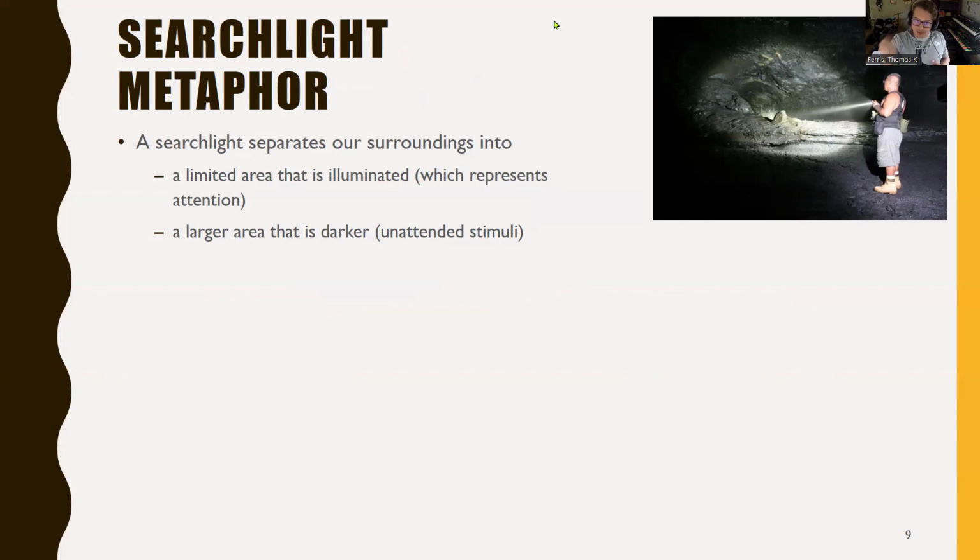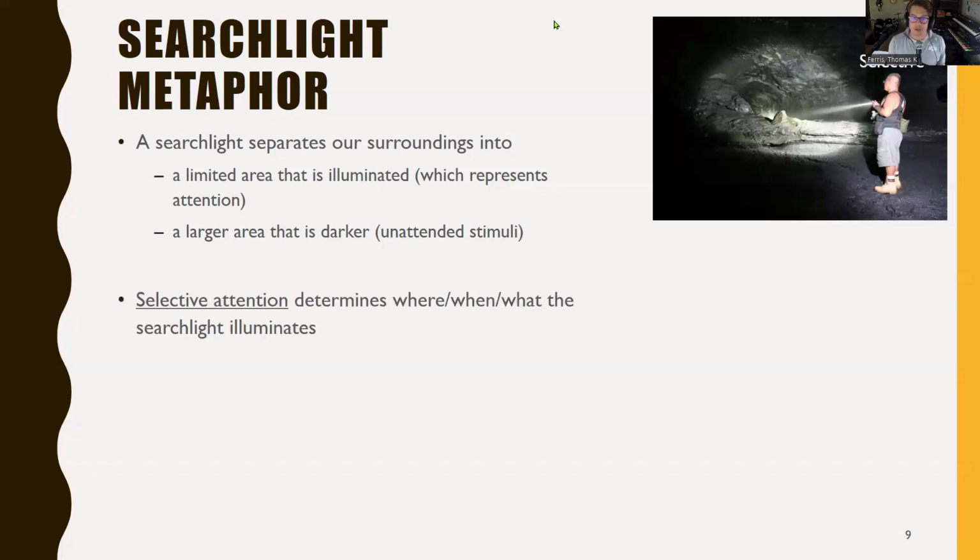Where you shine your light, your flashlight or your searchlight, is effectively the way the metaphor is, this is what I am devoting my attentional resources to process with great depth. Okay. So we're separating the world from dark, non-illuminated cave space, and what is illuminated is available for my brain, for my consciousness to process more deeply. Okay. So that's our selective attention.